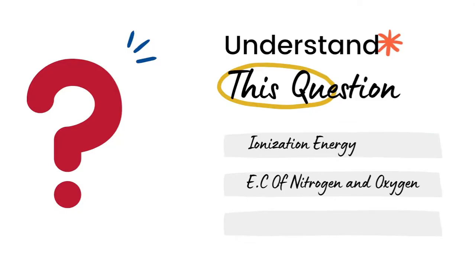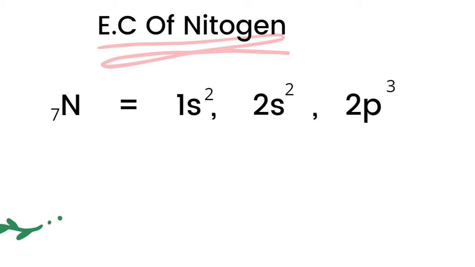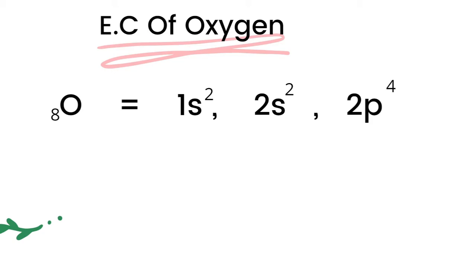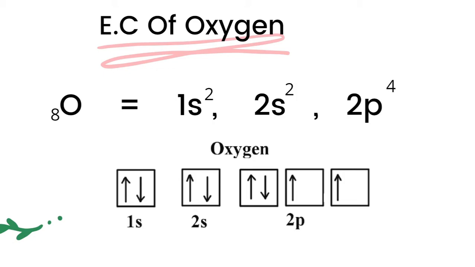Now, the second thing to understand here is the electronic configuration of nitrogen and oxygen, right? Nitrogen has an electronic configuration of 1s2, 2s2, and 2p3. In case of oxygen, it has an electronic configuration of 1s2, 2s2, and 2p4.